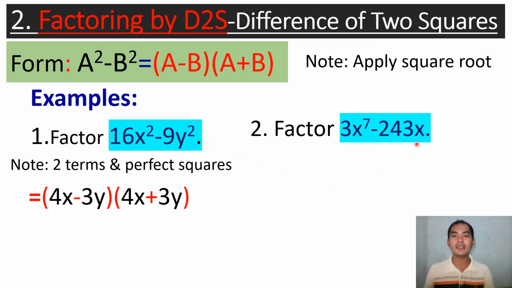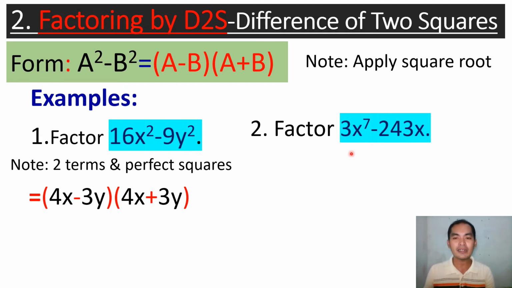Another example, suppose you are going to factor 3x to the 7th power minus 243x. Now, there are two terms, but then the first term is not a perfect number, nor the second term is also not a perfect number.